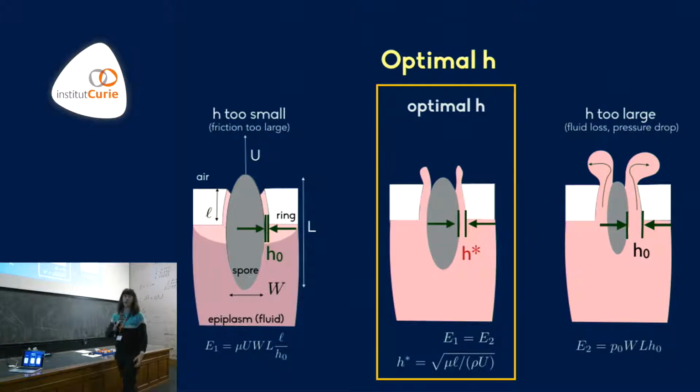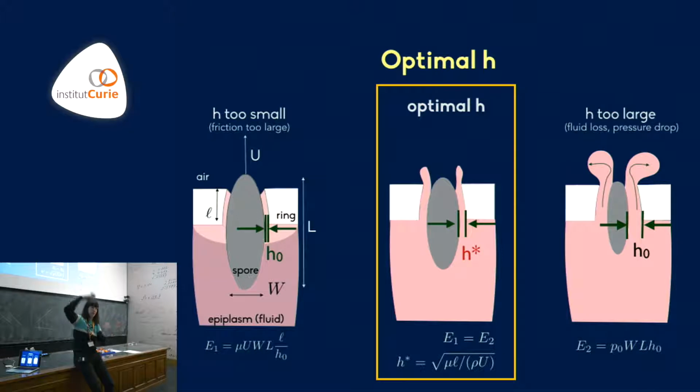There is a non-dimensional number that measures the volume of the ascus with respect to the volume of the spore, precisely for that reason. Because if it's huge, then whatever happens to the spore and the little fluid that comes out with it doesn't matter. So how stringent this condition is depends on this non-dimensional number.